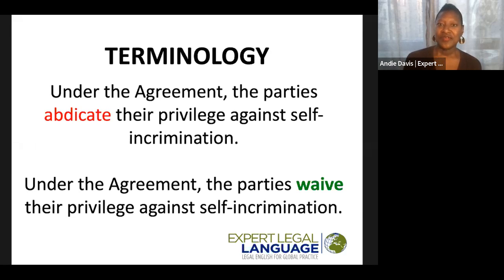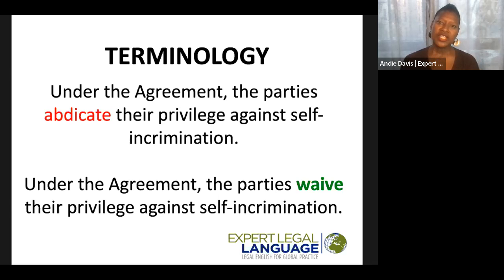Here's an example of terminology that's used in a way that's different and awkward from the way we would use it in English. The first sentence says, under the agreement, the parties abdicate their privilege against self-incrimination.